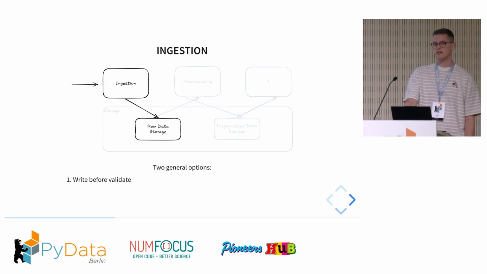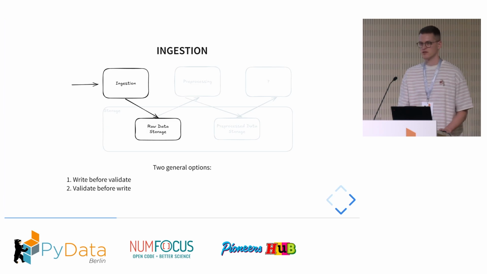We can either write before we validate, or we validate before we write to storage. Depending on what kind of system you have and the amount of data that you're dealing with, each of these approaches has its merits.